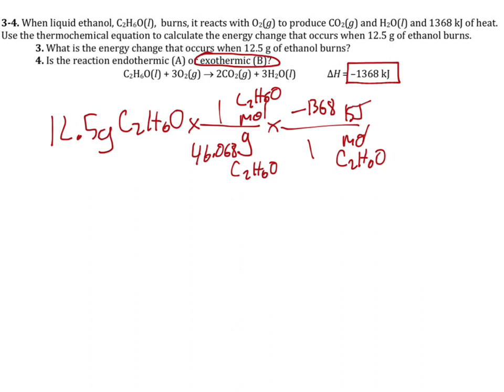And so now all we need to do is type this in our calculator, and that will give us the amount of kilojoules that's being released or being produced. And what you end up with is negative 371 kilojoules of energy being released. And that is your answer.